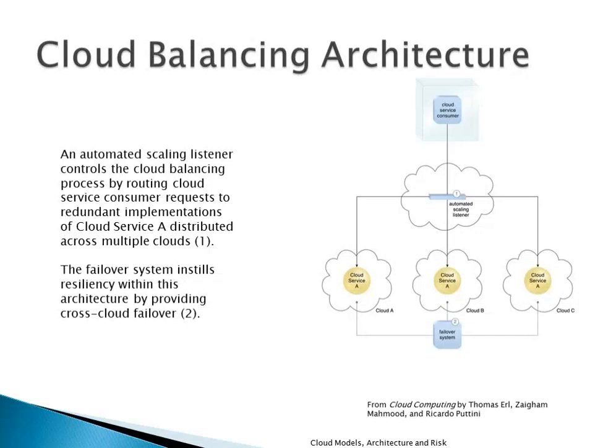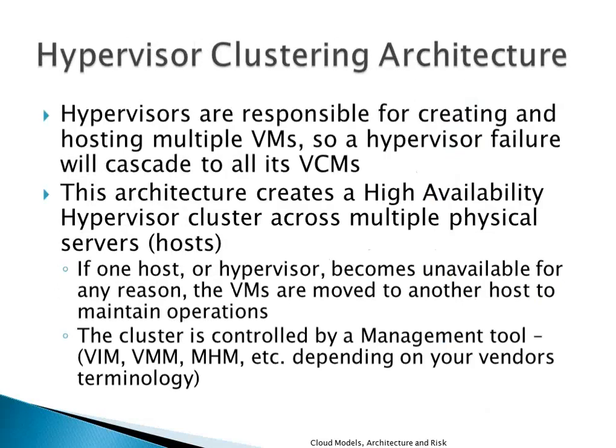Right? And so if you had a failure, you've got a failover system there that instills this resiliency by allowing it, if one cloud disappears or suddenly has a problem, to move to another cloud.